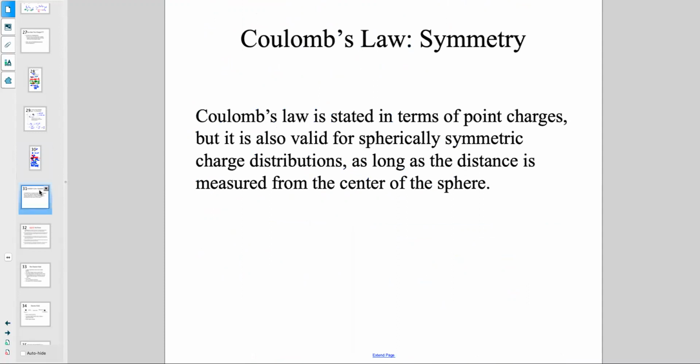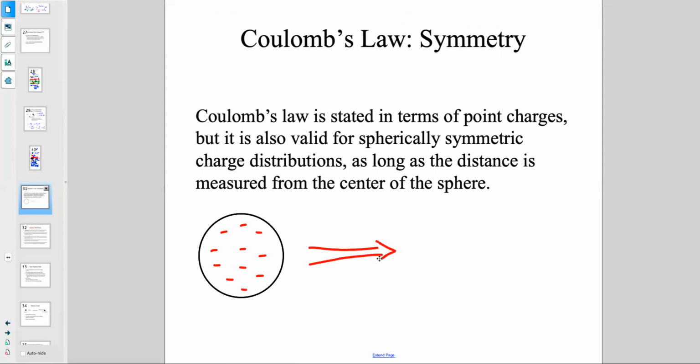So Coulomb's law, summary. Coulomb's law is stated in terms of point charges, but it is also valid for spherically symmetric charge distribution, as long as the distance is measured from the center of the sphere. For example, if I have a perfect sphere, being evenly distributed charged, for example, you have a negative charge evenly distributed in this sphere.